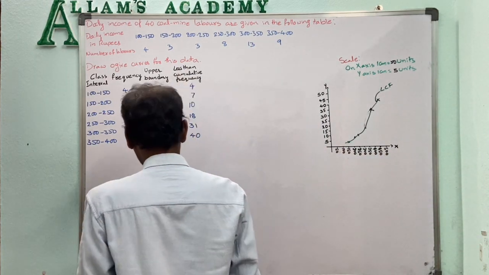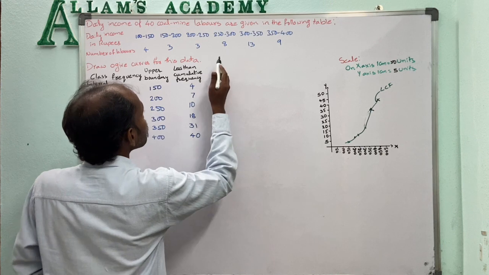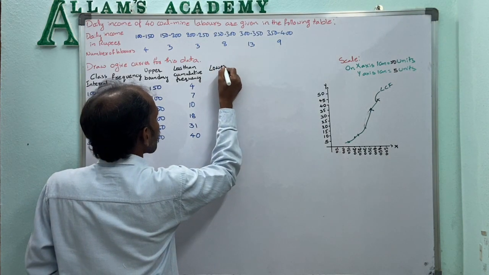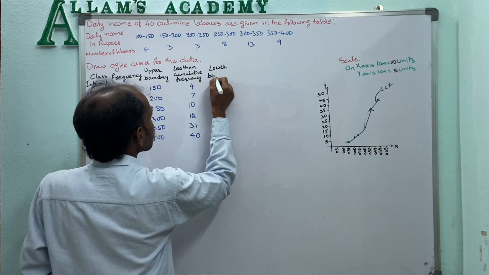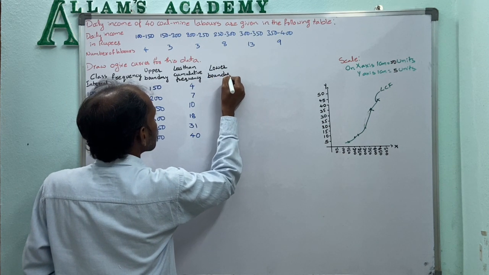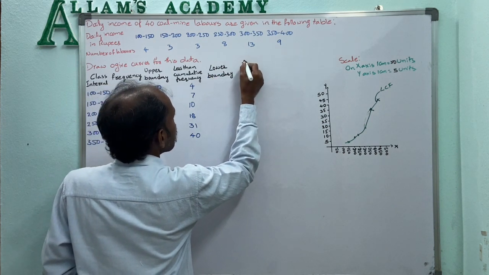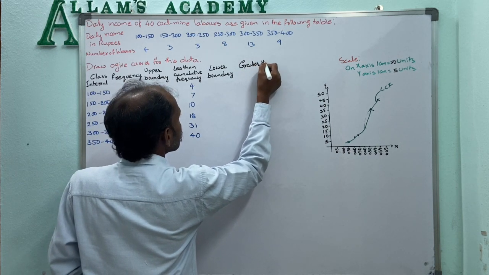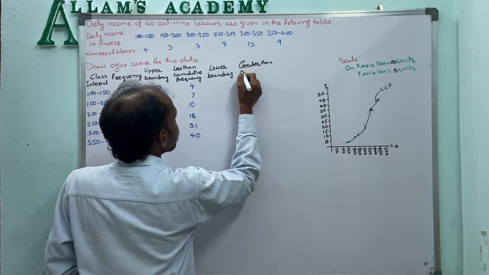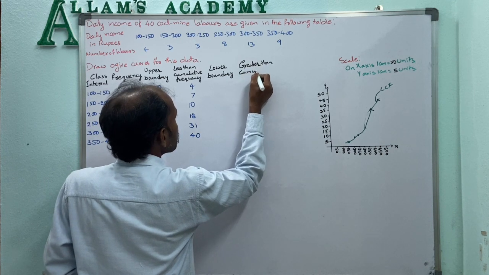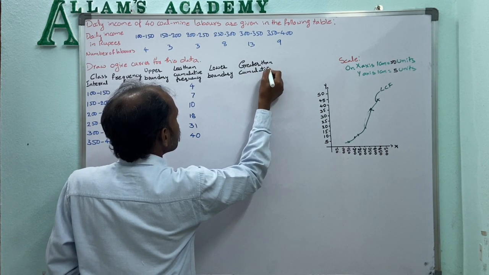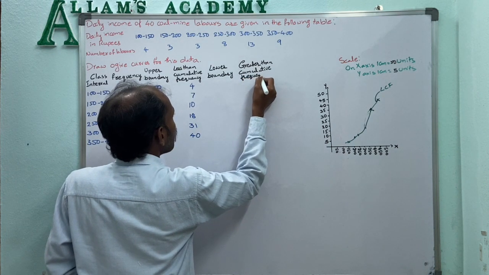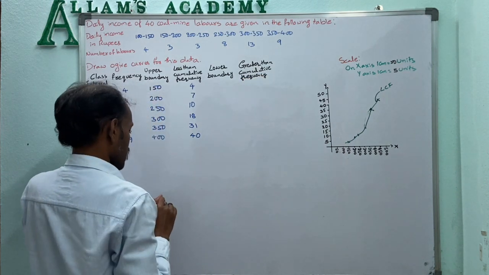So first we write lower boundary and greater than cumulative frequency.